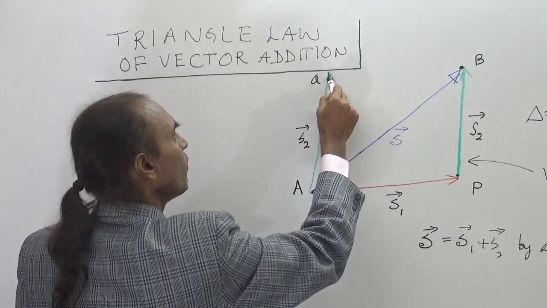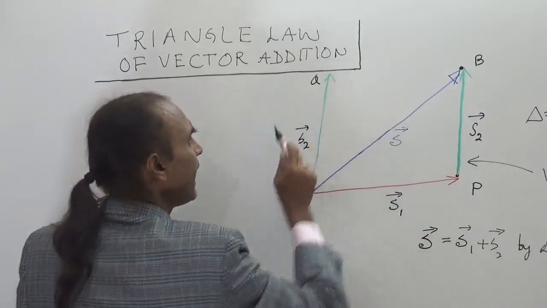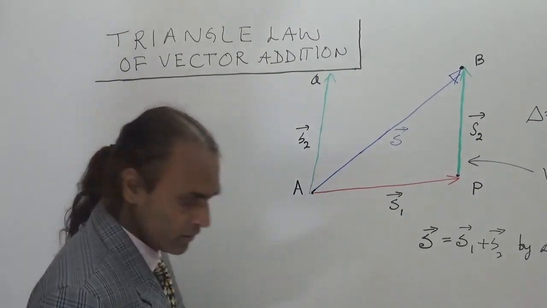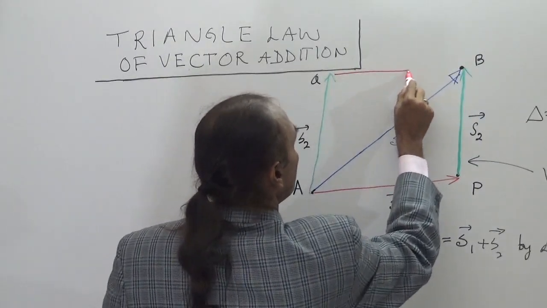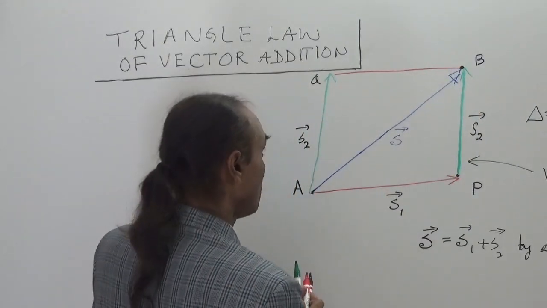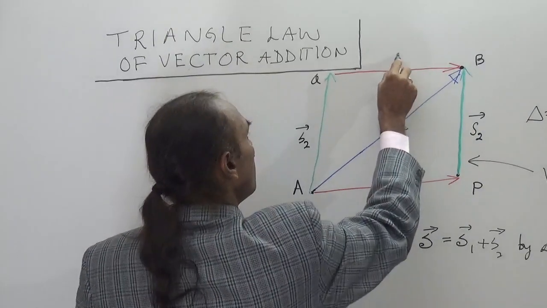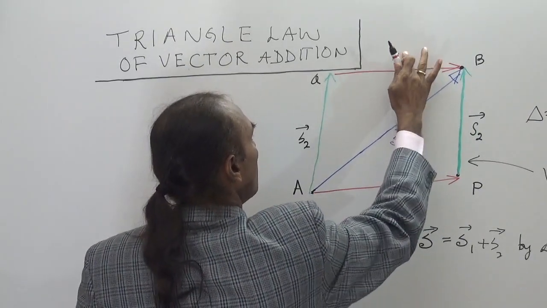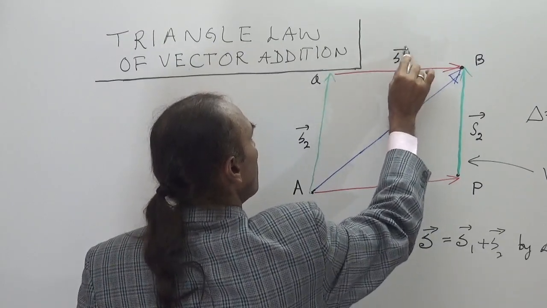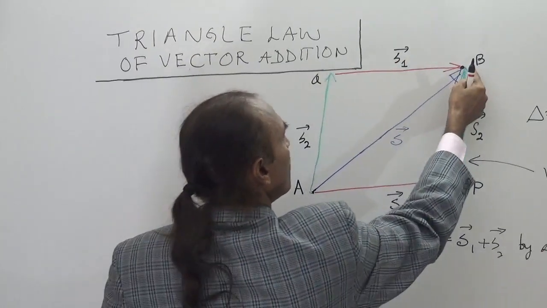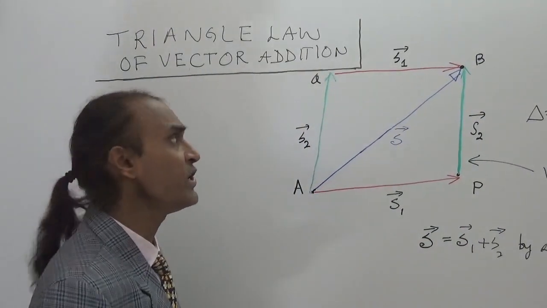Then you have to undergo another displacement, that is S1 from Q, and you will get the desired position B. You have to undergo displacement S1, and you can find that finally you will get the same position, same destination B.